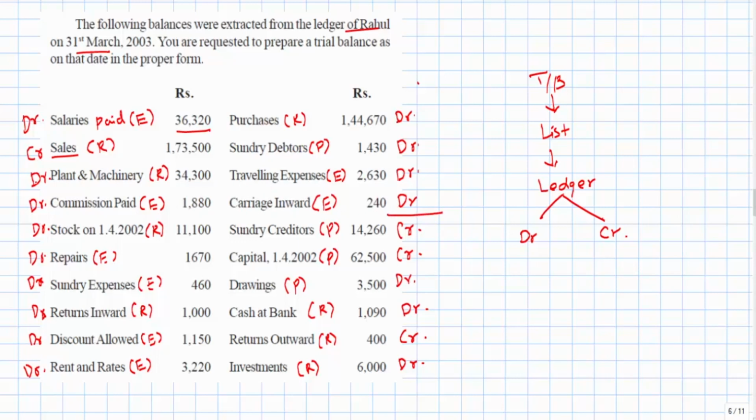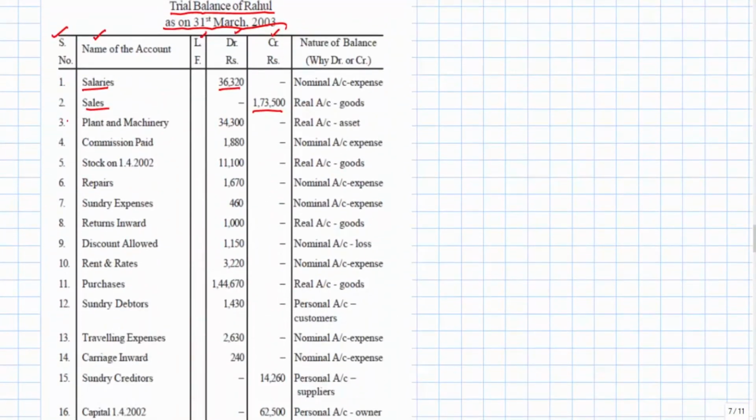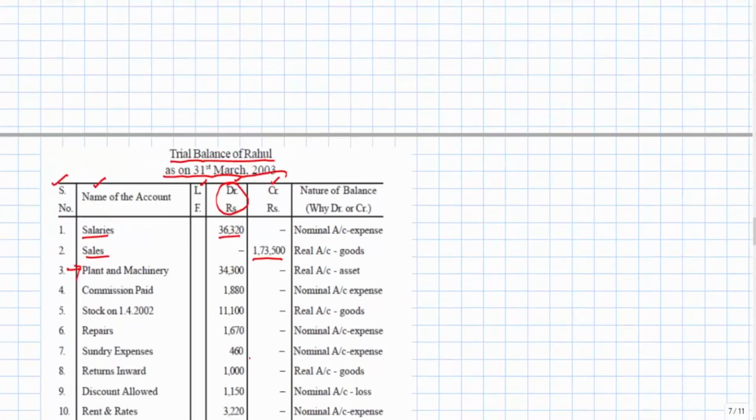Starting from plant and machinery up to carriage inward, all are debit balances. So let's see them here. Yes, from plant and machinery till carriage inward, everything is appearing in the debit column, right? So till here all the balances have to be carried.